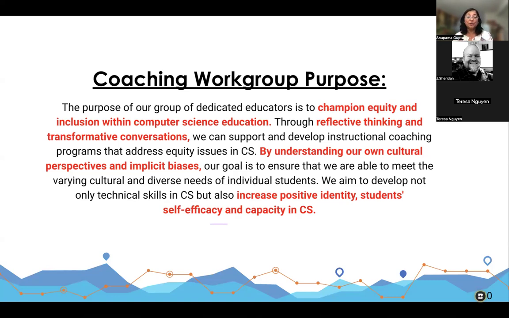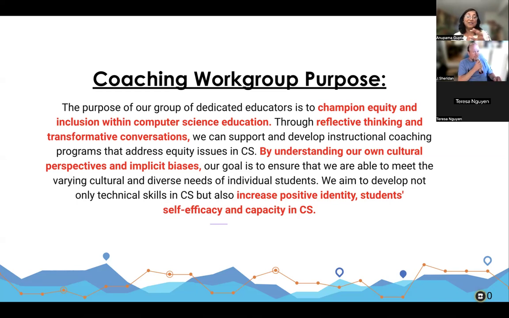The purpose of a group of dedicated educators is to champion equity and inclusion within computer science education. Through reflective thinking and transformative conversations, we can support and develop instructional coaching programs that address equity issues in CS.